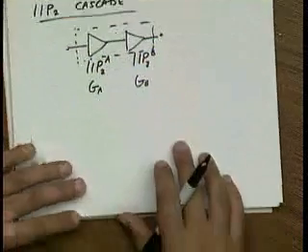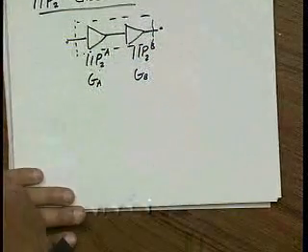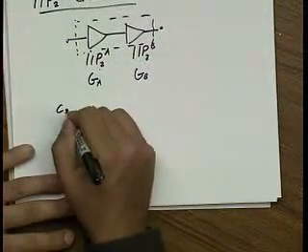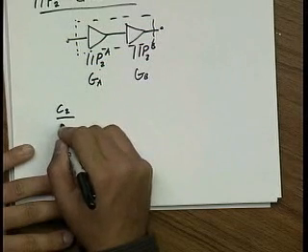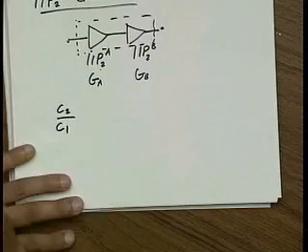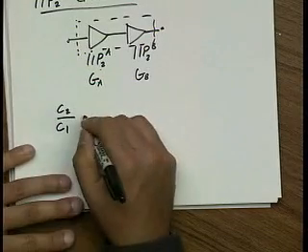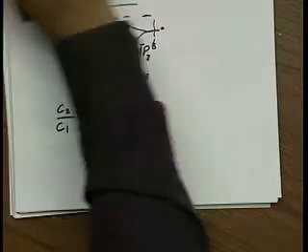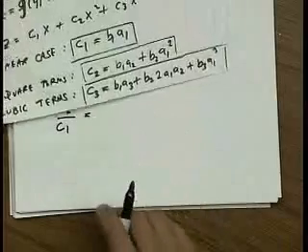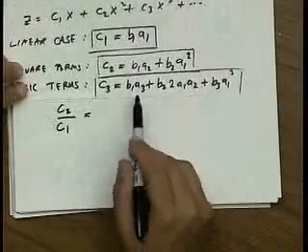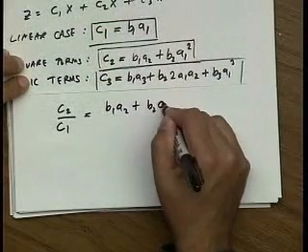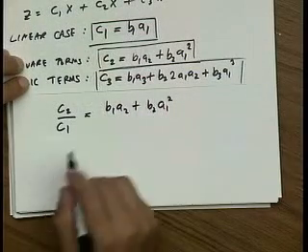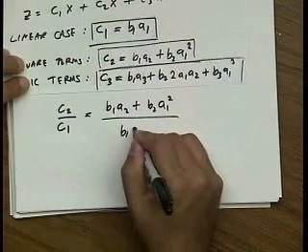Well, it's very simple. I can actually use the result that I just derived for the cascade. I know that the ratio of C2 over C1 for the cascade, if I go back, I calculate that C2 is B1 A2 plus B2 A1 squared, and C1, of course, is B1 A1.